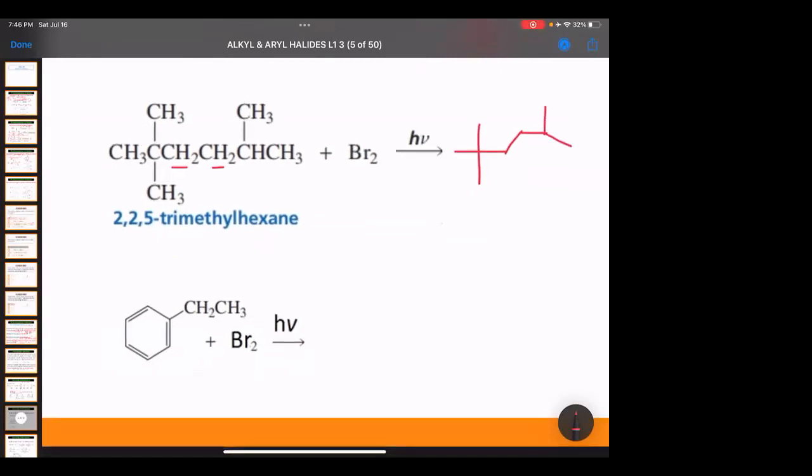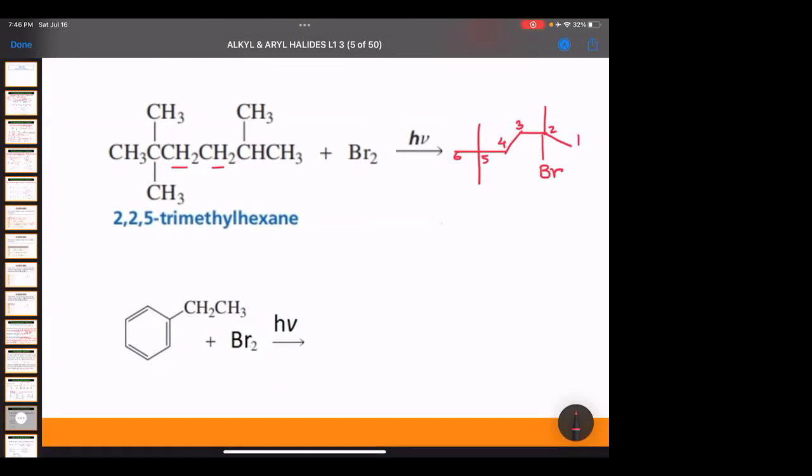So this is the product. It is hexane, this is the main chain.